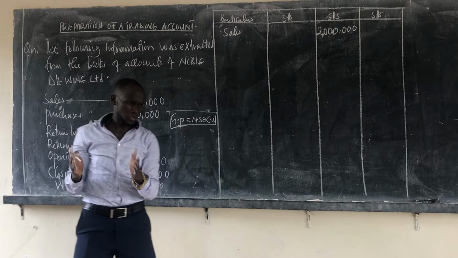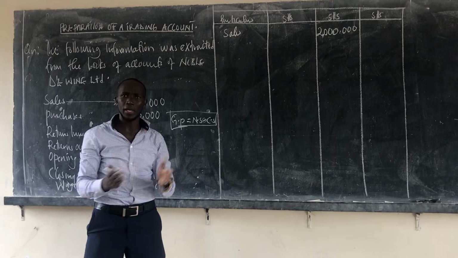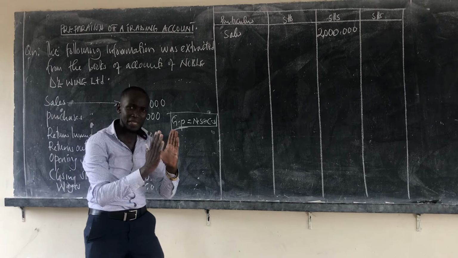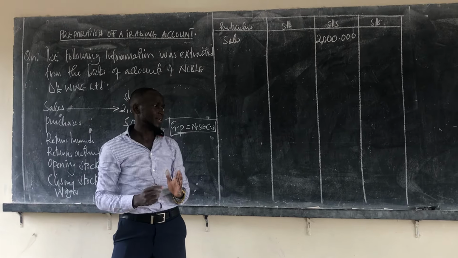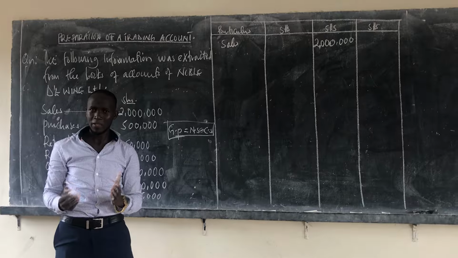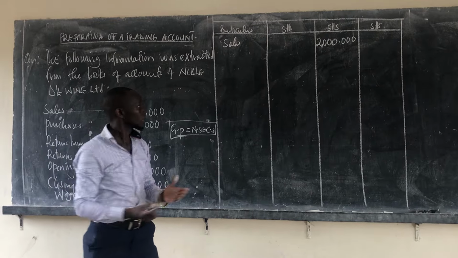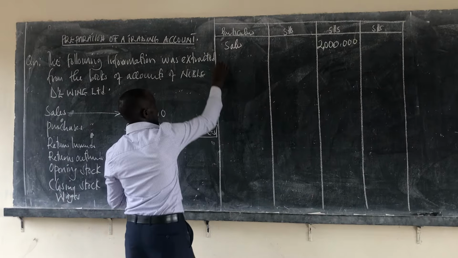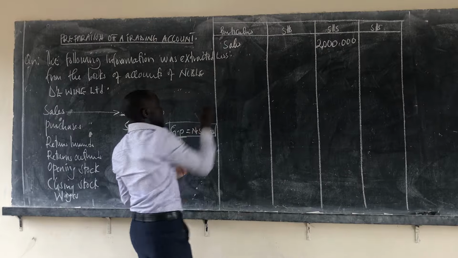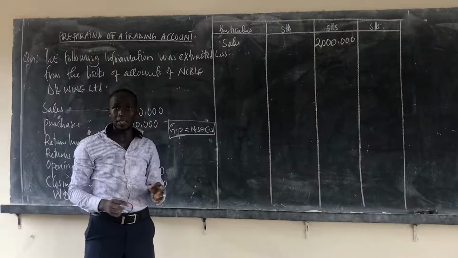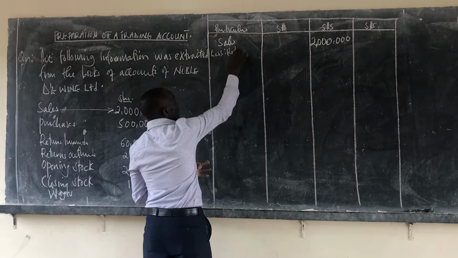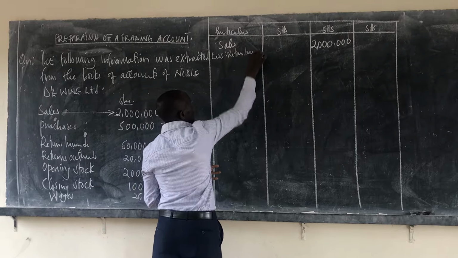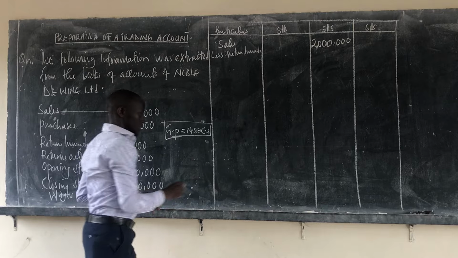Just like you go to financial institutions and want to deposit or withdraw any amount of money, you normally space these figures very well. Don't write figures that cannot easily be read by any person analyzing your books of accounts. So the 2 million, less. The word less means subtract. The returns inwards. Return inwards, sorry.